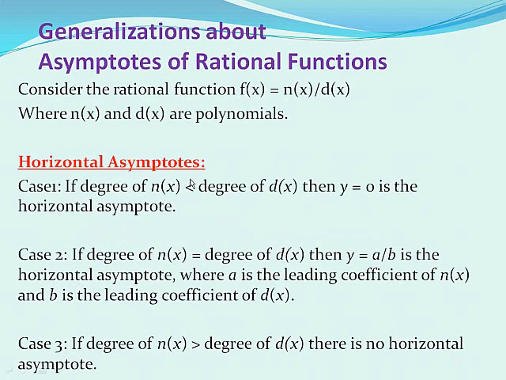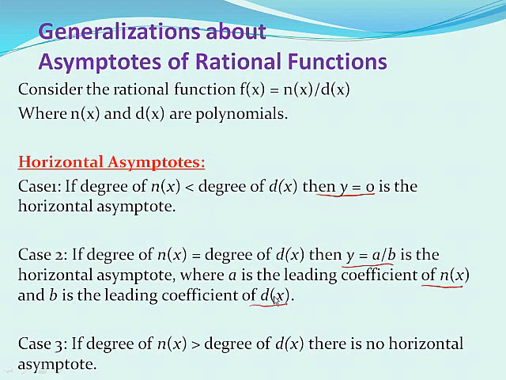Horizontal asymptotes. Case 1. If the degree of the numerator n of x is less than the degree of the denominator d of x, then y is equal to 0 is the horizontal asymptote. Case 2.